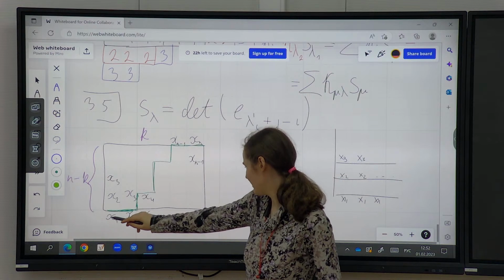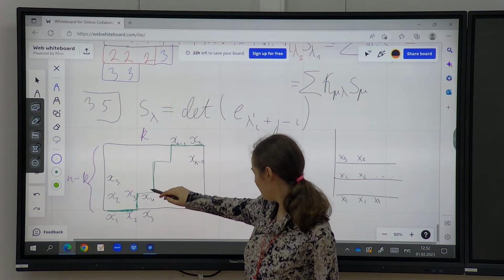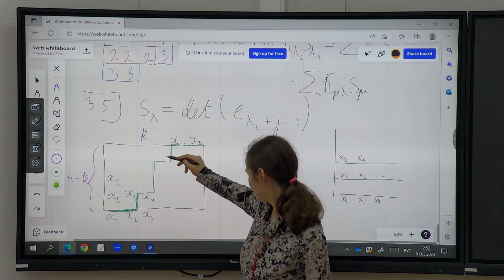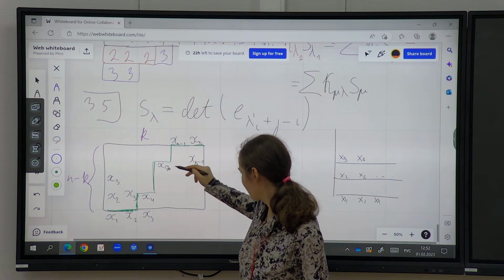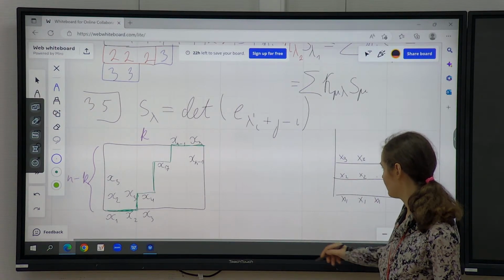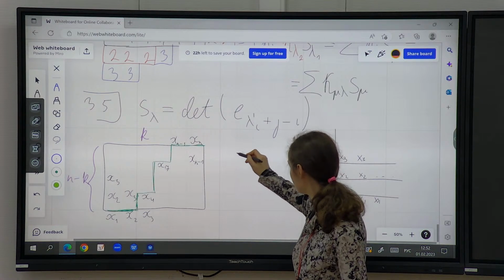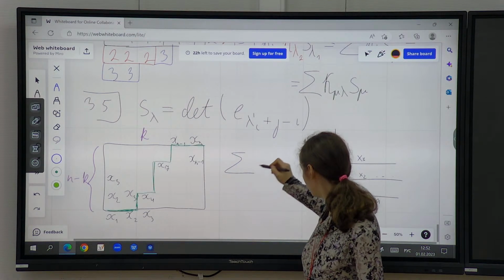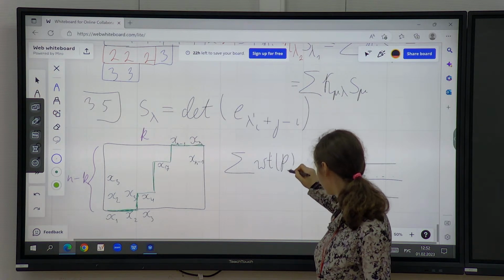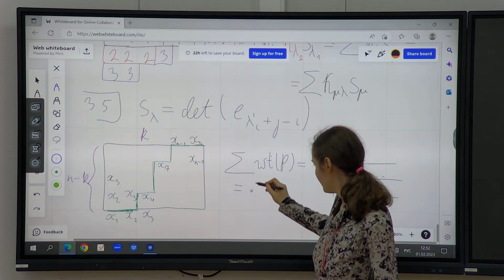So here we have something like x1, x2, x4, x7 here, I think. And so on. So the generating function for this path will be ek.